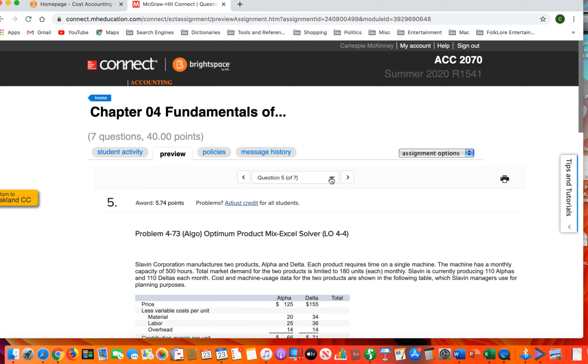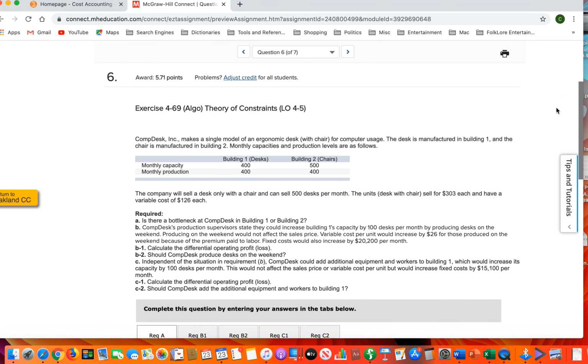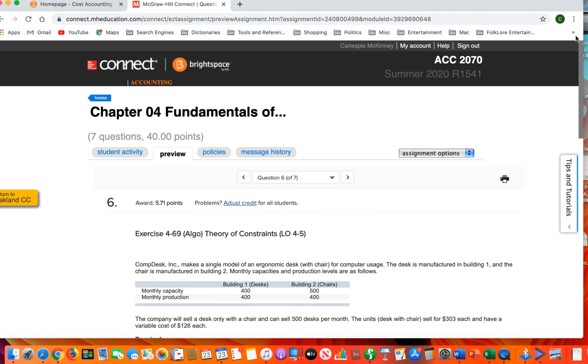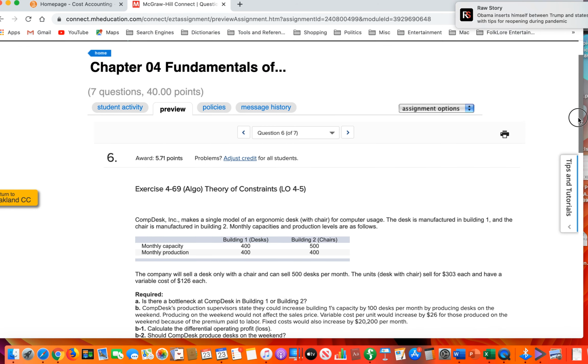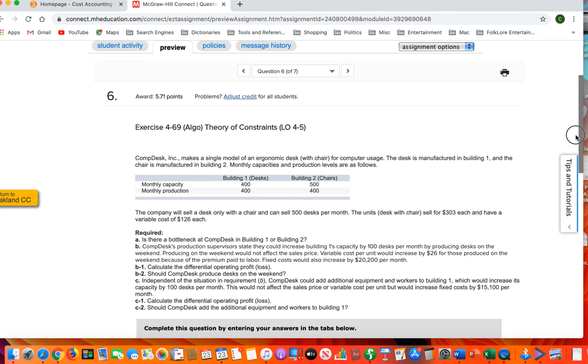So next would be number 6. Again, this is theory of constraints. Makes a single model of ergonomic desk and chair for computer usage and so forth.